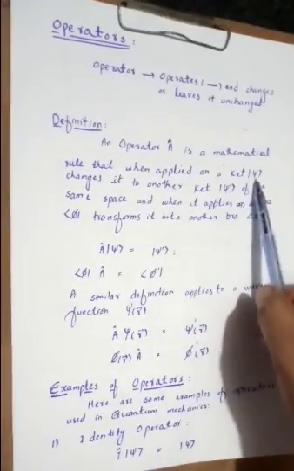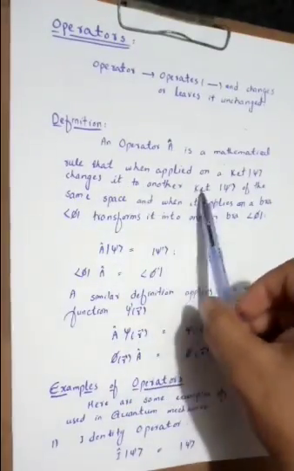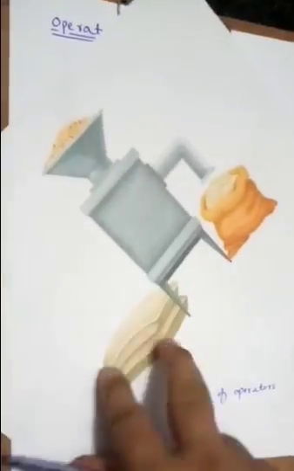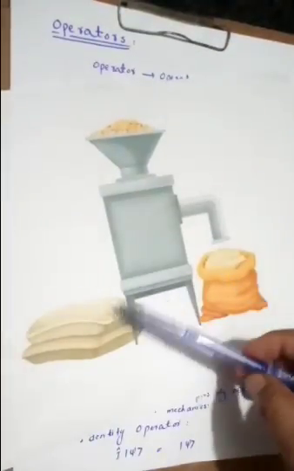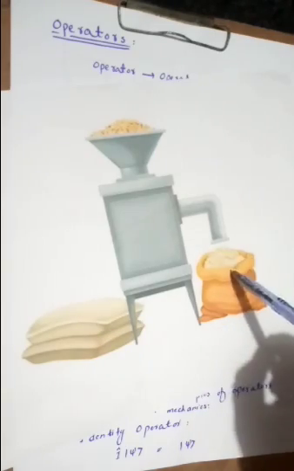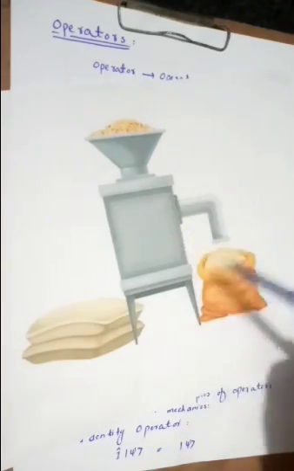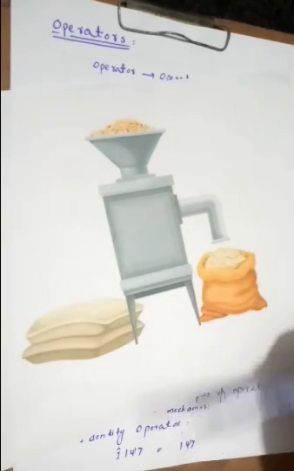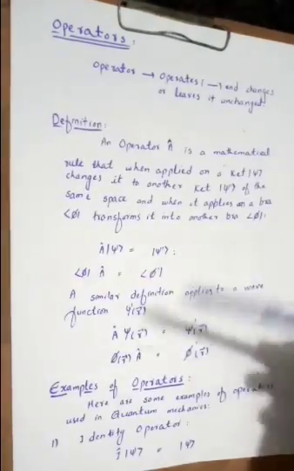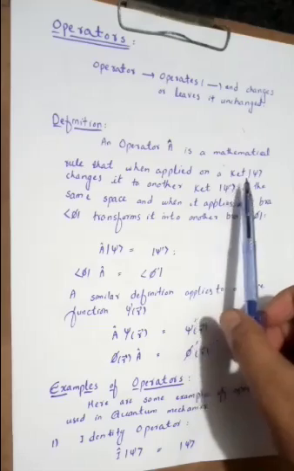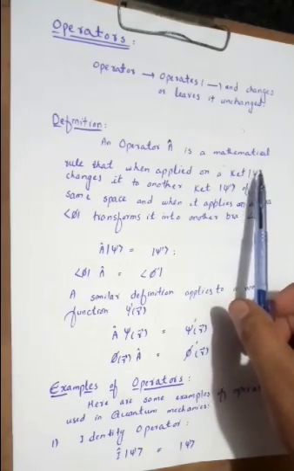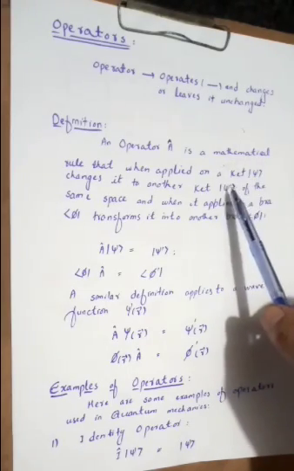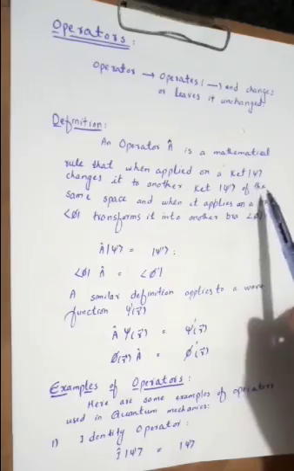When applied on a ket psi, it changes it to another ket psi prime of the same space. You can understand it by a very simple example: this wheat and flour, which are linked by this machine, both belong to the same type of grains. So here is also the same case, that the ket psi on which an operator operates belongs to the same space to which ket psi prime belongs.